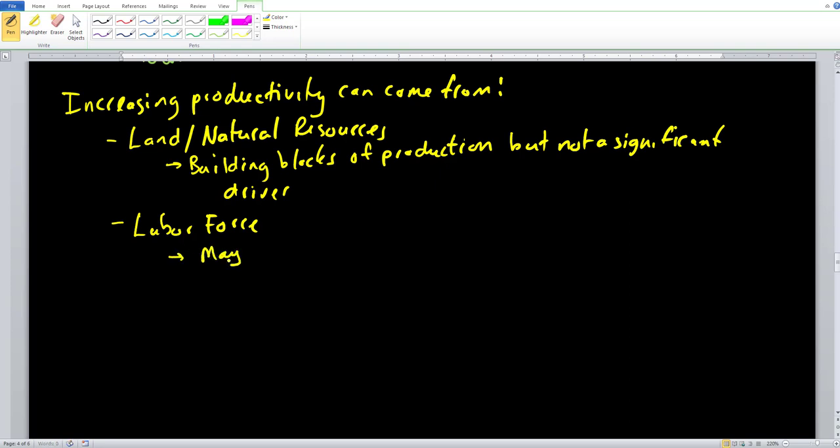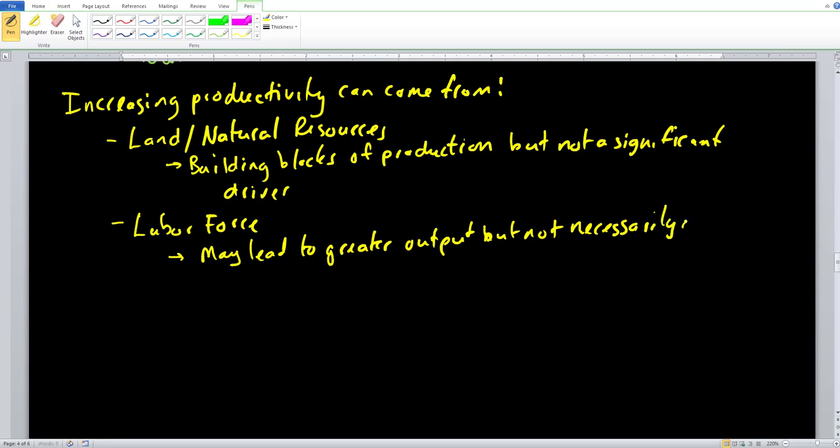It may lead to greater output, but not necessarily output per worker, which is what we are interested in. Having a very large population may increase the amount of goods and services that we can actually produce, but not necessarily output per worker, which is a better measure of our efficiency and productivity.